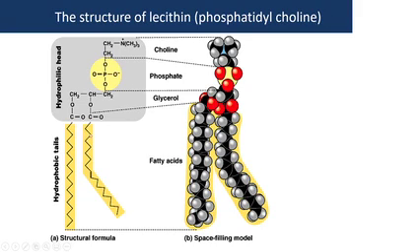It looks a little bit like the old-fashioned clothespins that you would use for hanging clothes on a rope outside the house. The extensions of the clothespin here are oil soluble. They're called hydrophobic, meaning they don't like water, and so they're oil or fat soluble.